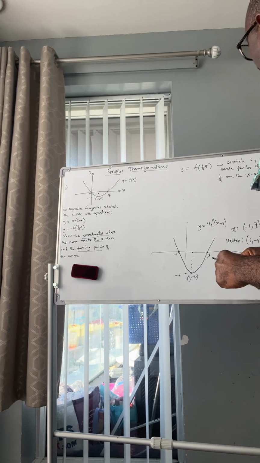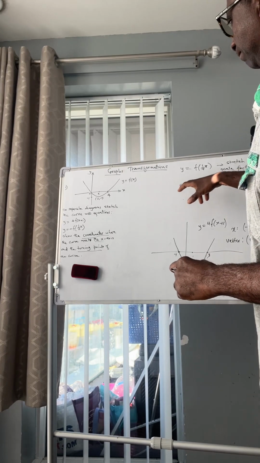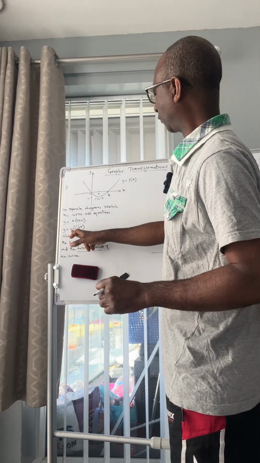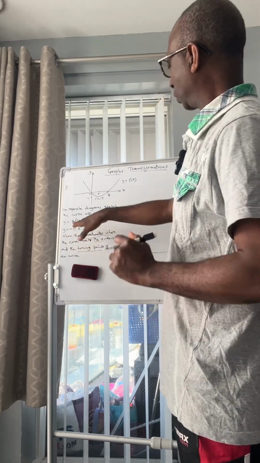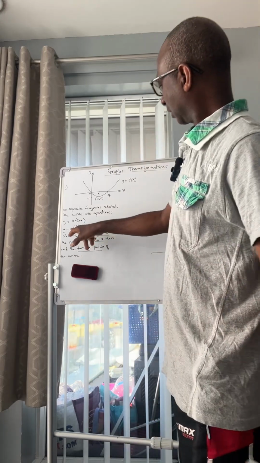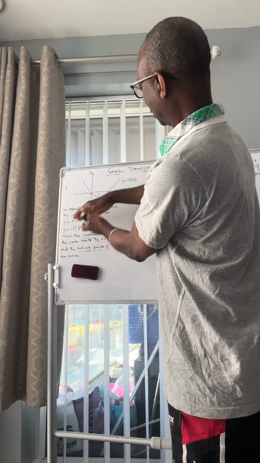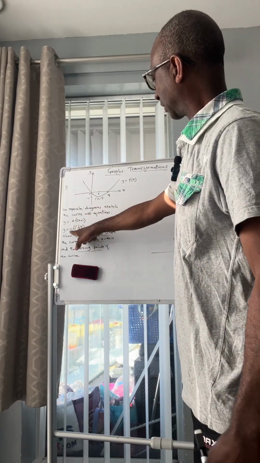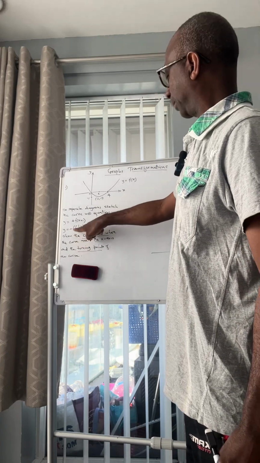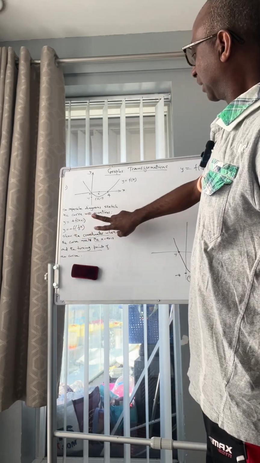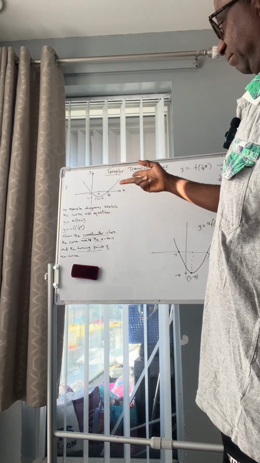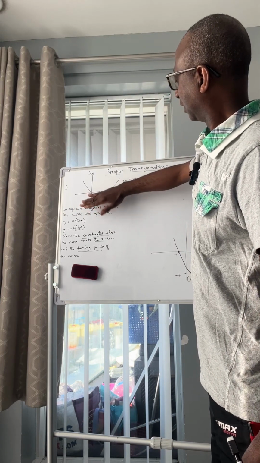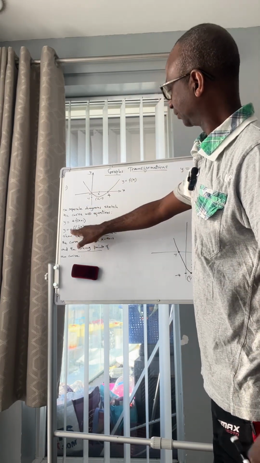And because we have minus here, anything just before your function is always going to do with the y-axis. Anything inside with x, like the 4 here, you are stretching the x-axis. Because you have minus here, this is going to be a flip on the y-axis. You are looking at this minus here.